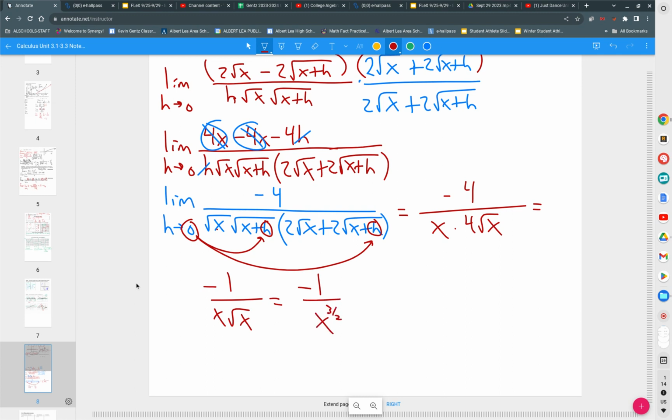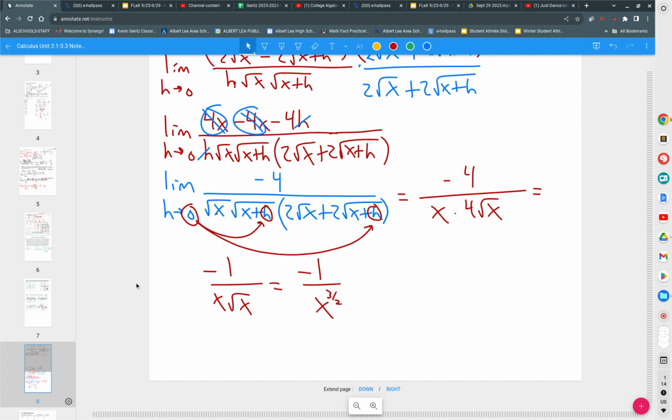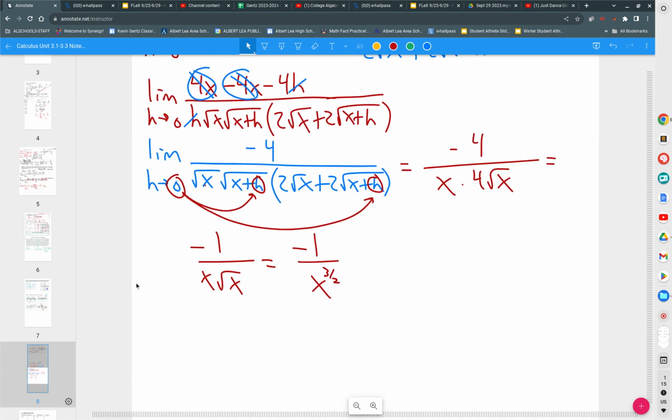Can somebody explain to me how I got x to the 3/2 power? x to the first times x to the 1/2 power. If you take 1 plus 1/2, you do get the 3/2. I tend to like the fractions a lot of times like that. But some people write it like that. Either way is just fine.